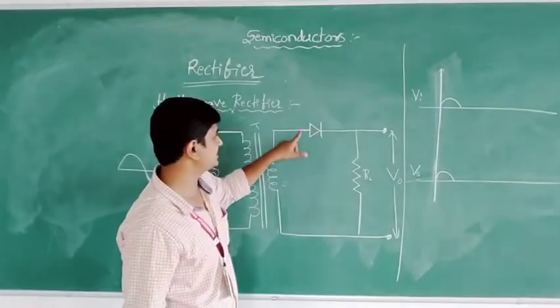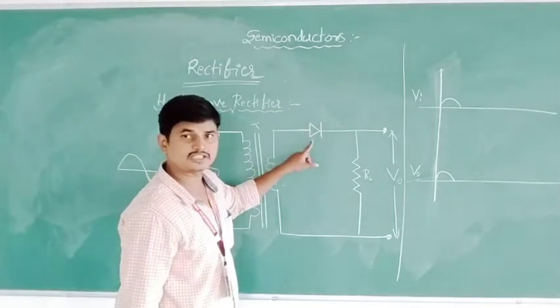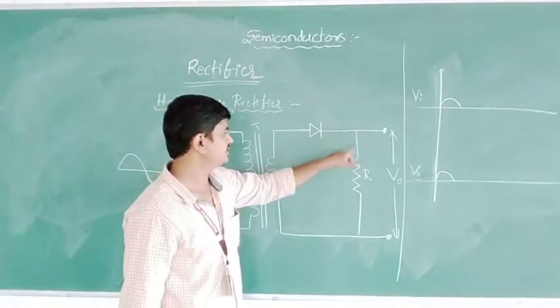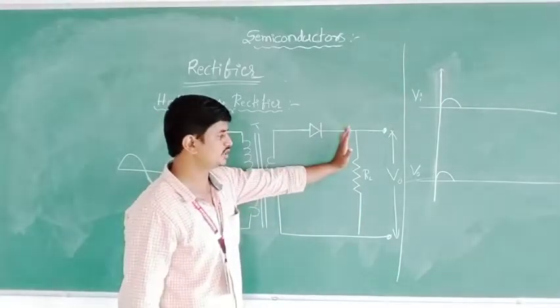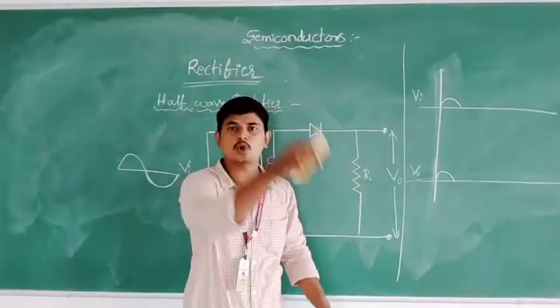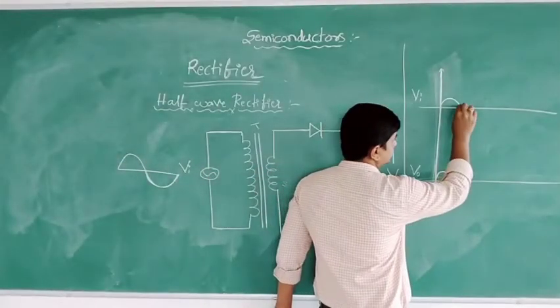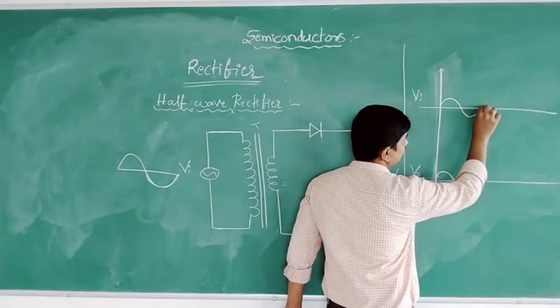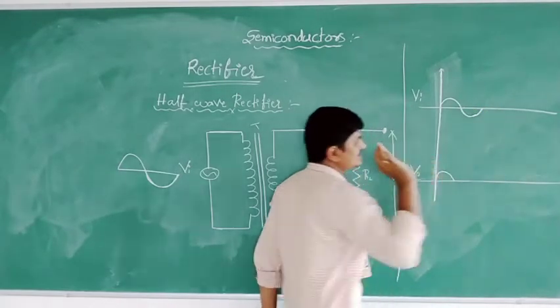Now this acts like a reverse biased semiconductor. In reverse bias, there is no flow of current through the load resistance. If the current value is 0, then the output is 0. In the negative half cycle, the output value is 0.